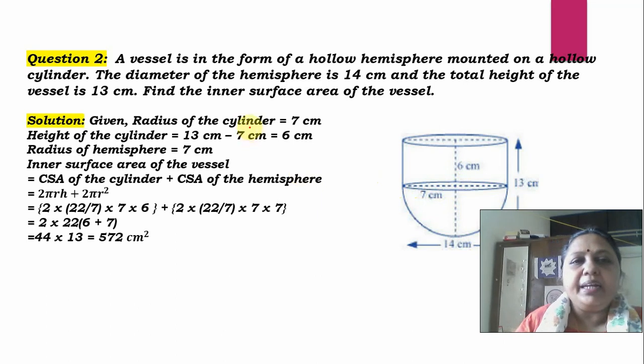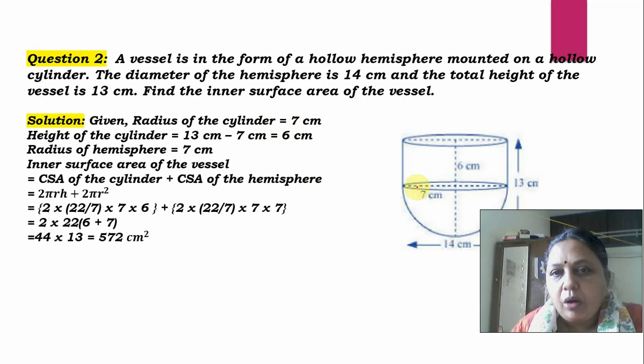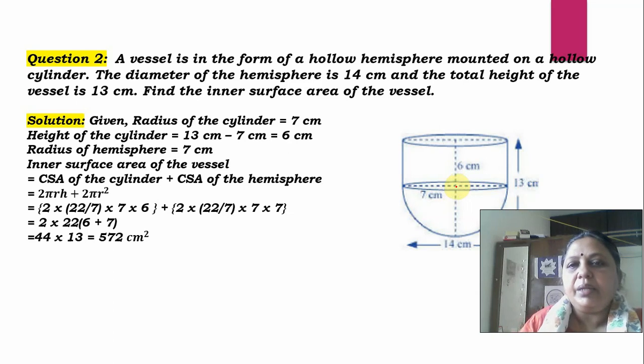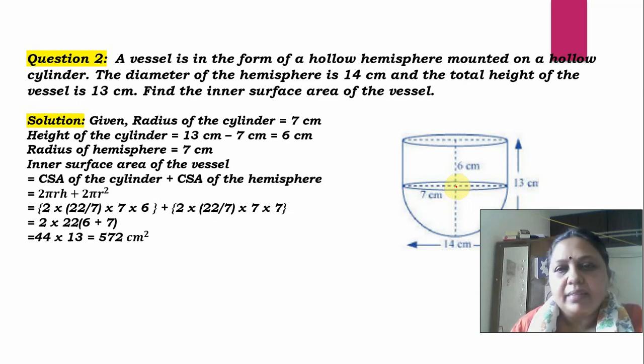Given radius of the cylinder is equal to 7 centimeter. I hope you understood how we got the radius of the cylinder. Half of the hemisphere's diameter will give me the radius of my cylinder. Okay, it is 14 by 2, 7 centimeter.